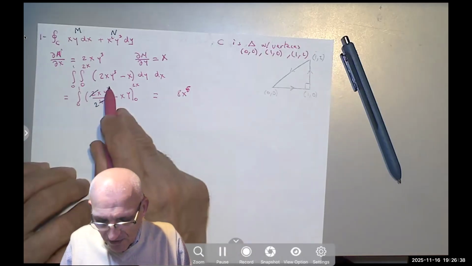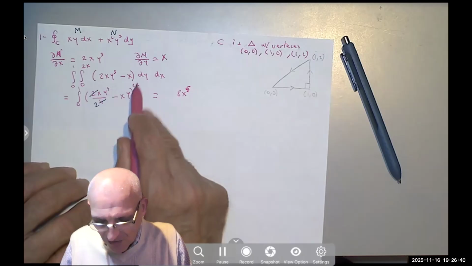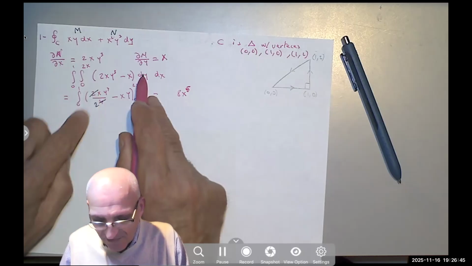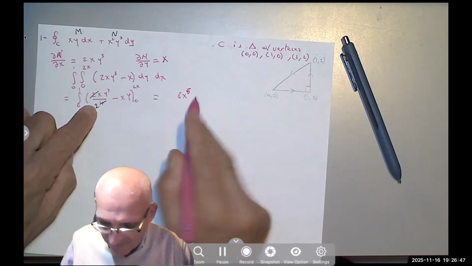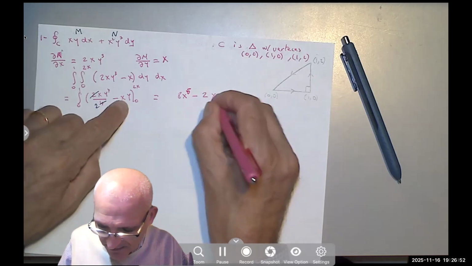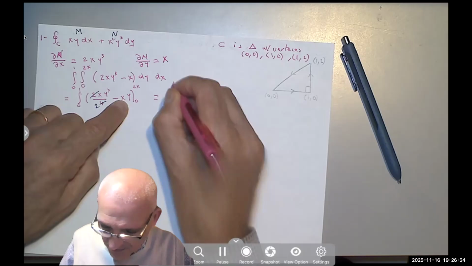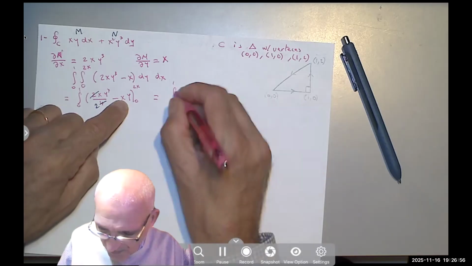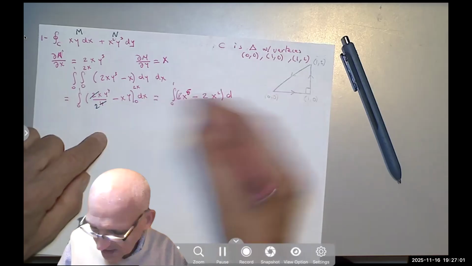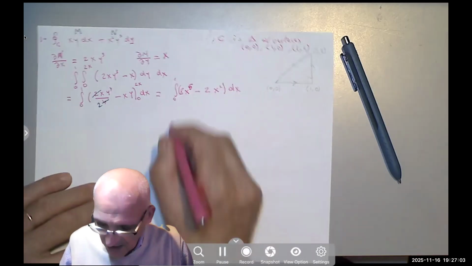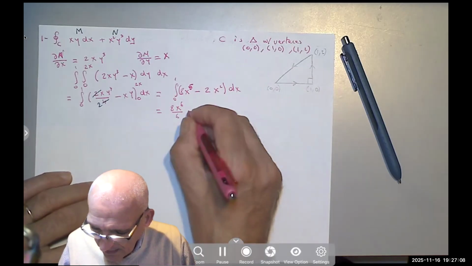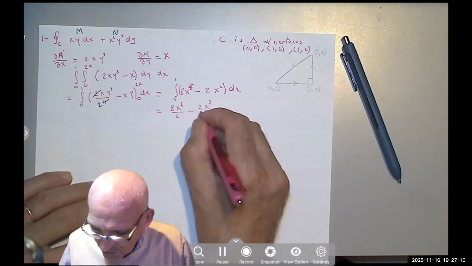The y to the 4 is 2 to the 4, x to the 4. 16x to the 4 times x is 16x to the 5th over 2 is 8x to the 5th minus 2x squared. And you are taking the integral from 0 to 1 of this thing now with respect to x. I'm sorry, I forgot to write the x here. So you will get 8x to the 6 over 6 minus 2x to the 3rd over 3.